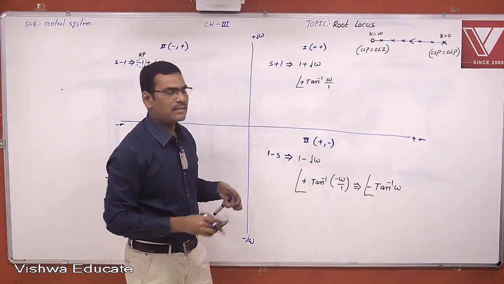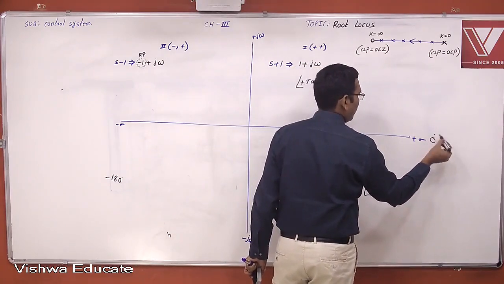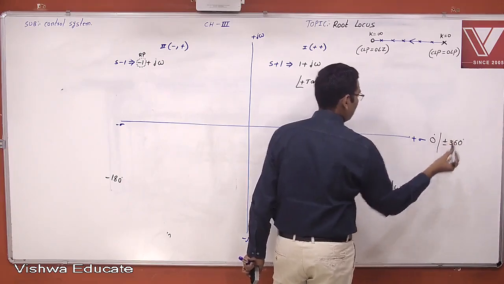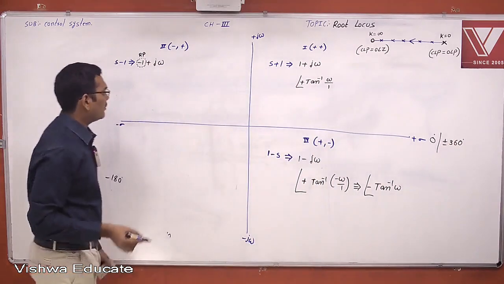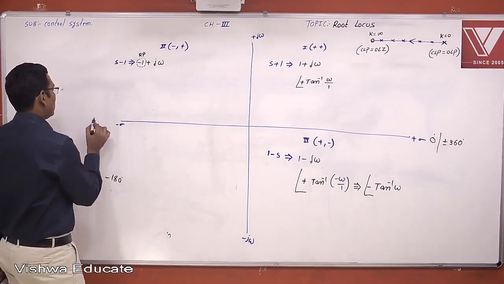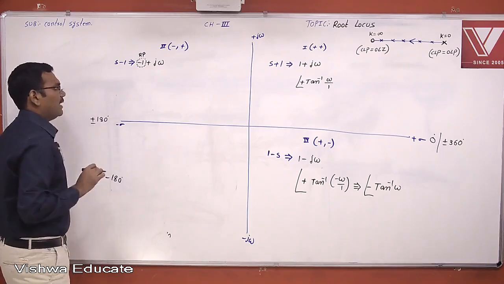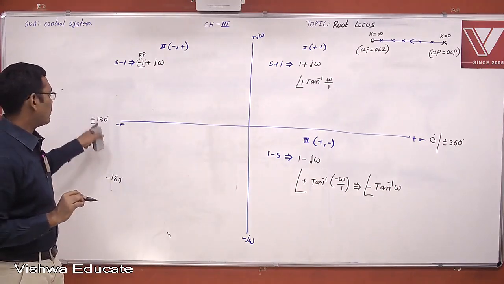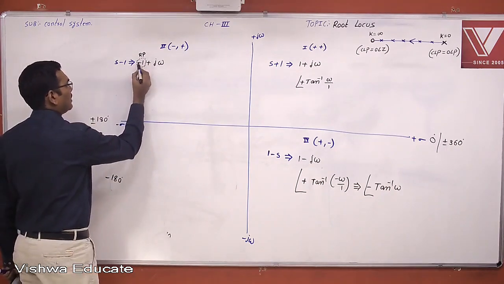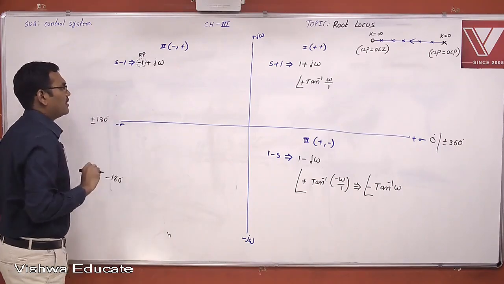When the real part is positive, the reference angle is 0 degrees, or plus or minus 360 degrees, in the clockwise or anti-clockwise direction. But now the real part is negative, so the reference is plus 180 degrees or minus 180 degrees. Plus or minus 180 degrees. Here the real part is minus 1.